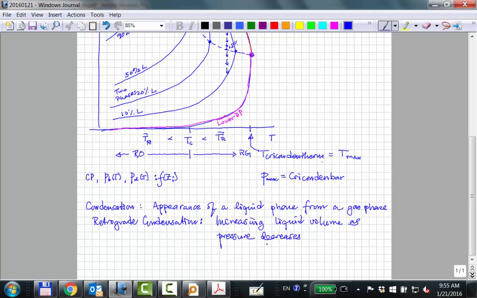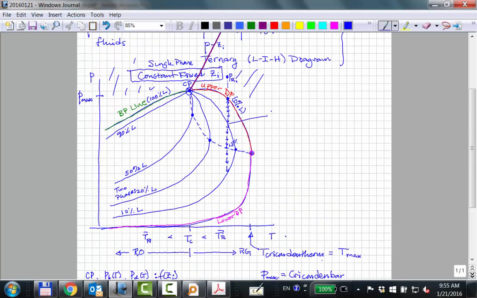Okay? It's called retrograde condensation. So the liquid volume is increasing from 0 to 10% to 13%. In that region there, we've got retrograde condensation.